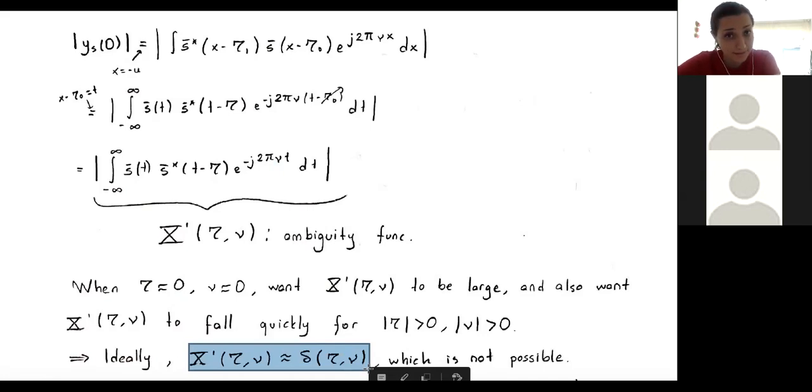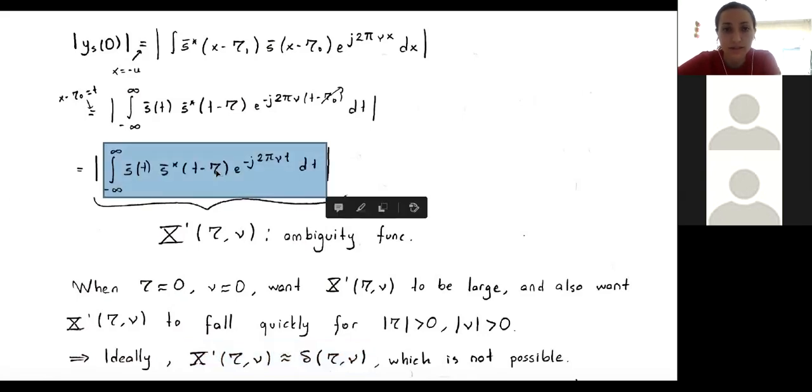But mathematically, that's not possible. You cannot find an S of t that you will insert here and the result will be an impulse. That's mathematically not possible. But the good news, so that's the bad news, but the good news is that you can make the main portion of the ambiguity function very close to the impulse.